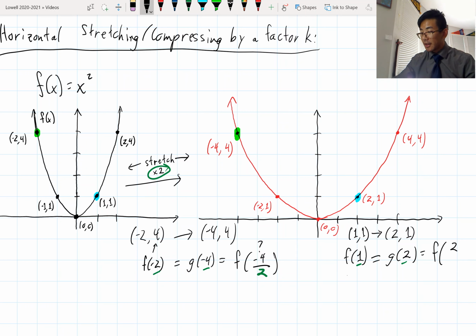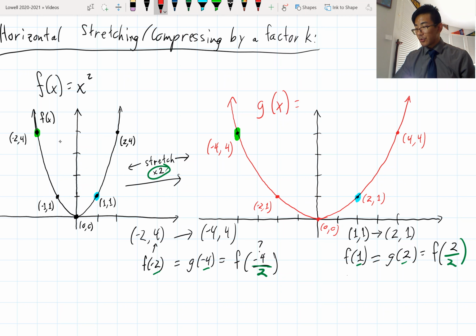And so I'm going to take care of that, again, by dividing by 2, like so. And so if I stretch it out by a factor of 2, what I'm really doing is, if this was originally f of x on the left side there, then the red function here is really just that same function f, but instead of plugging in the original x value, you're plugging in these new x values and then cutting them in half.